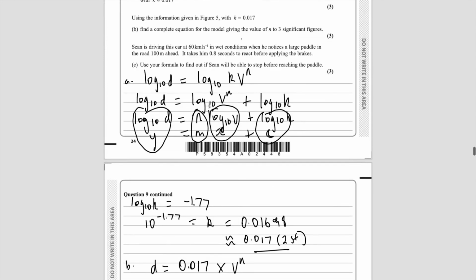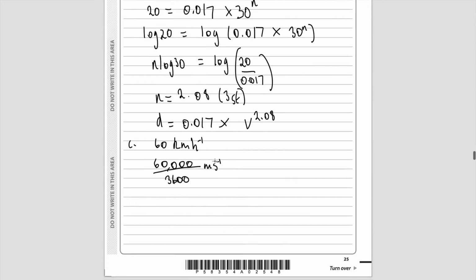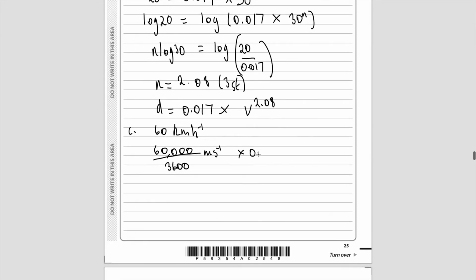And what we need to do now is find out the distance between him noticing the puddle and actually reacting to it and pressing the brakes. And that will be the speed that we've calculated multiplied by the time. So we have this here multiplied by 0.8 seconds, and that will give us our distance of 13.33 meters.